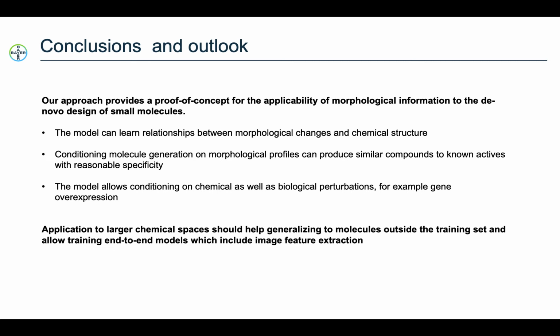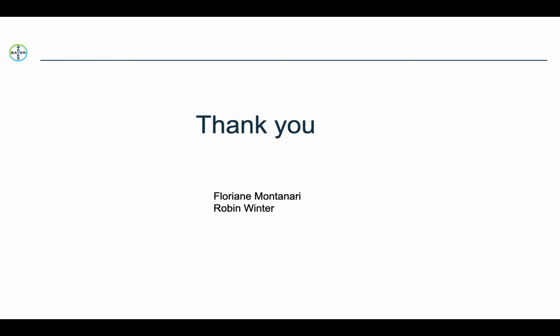And also that by having a larger training set, we hopefully could then train the model end-to-end, by which we mean also including the feature extraction during the adversarial network process and skipping then the CellProfiler profiles calculation.